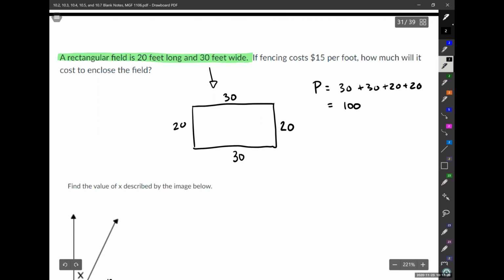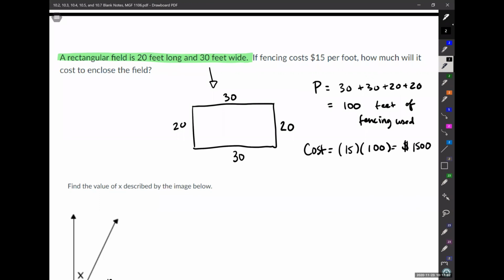So we have 100 feet of fencing used. And each single foot of fencing is $15. So to find the cost, you always take the price times the quantity, and we would get $1,500 as our fencing cost there.